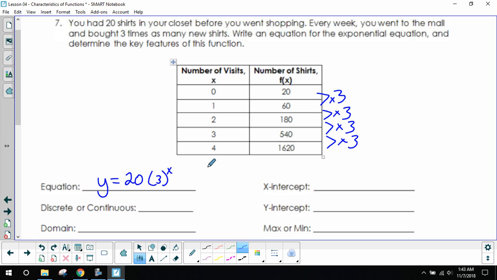So, what's that? I would argue number of visits we're counting, so I'm going to argue it's discrete. Domain, since we're basing it off this table, we'll say {0, 1, 2, 3, 4}.